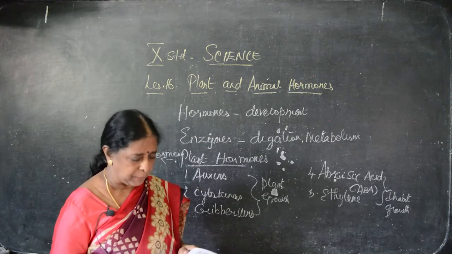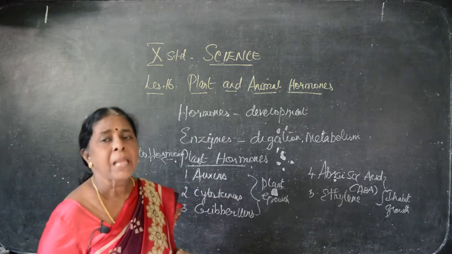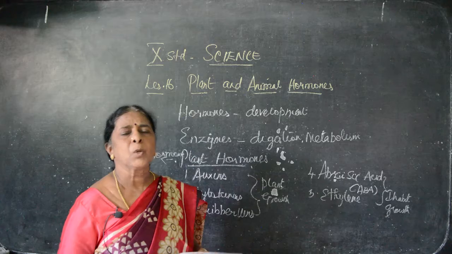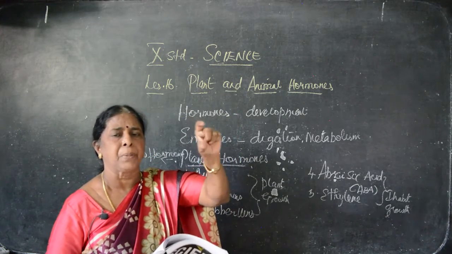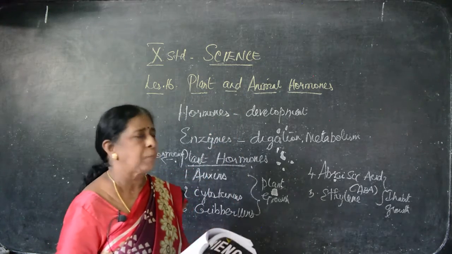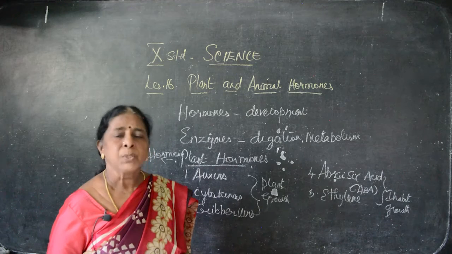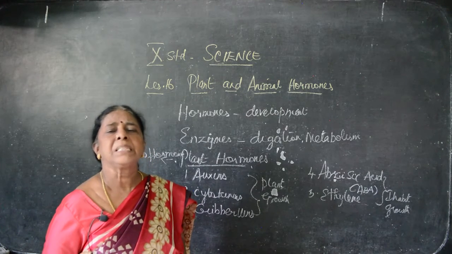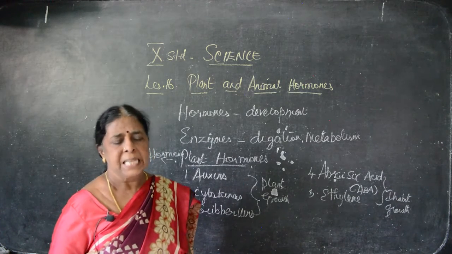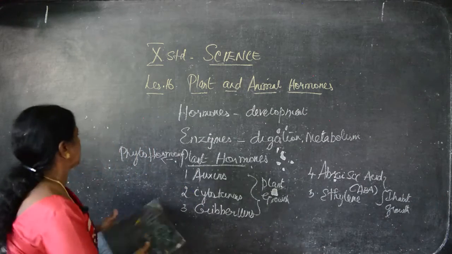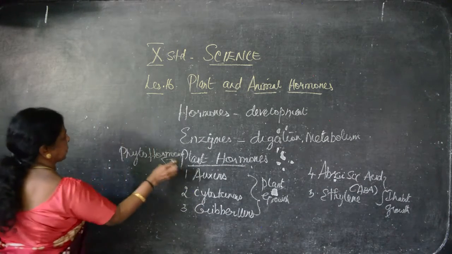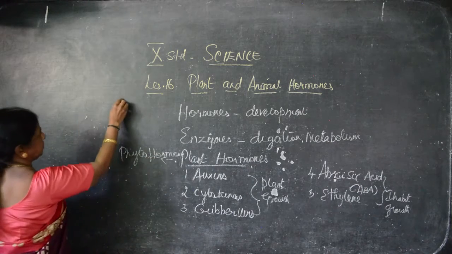For example, on page number 230 it is given: the tip of the plant, that is the corner of the plant. When a big tree or plant grows, the tip at the corner grows. So they did an experiment. For that they have taken oat seeds, Avena coleoptile, otherwise known as oats. First one, we have to see auxin.